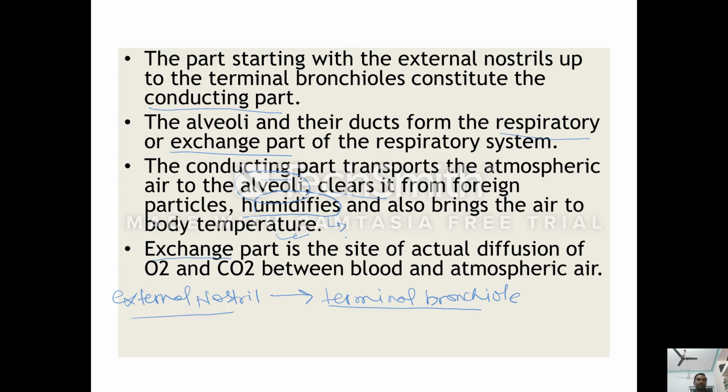And the exchange or respiratory part basically starts from the respiratory bronchiole. From the respiratory bronchiole till the alveoli, this constitutes the exchange part.